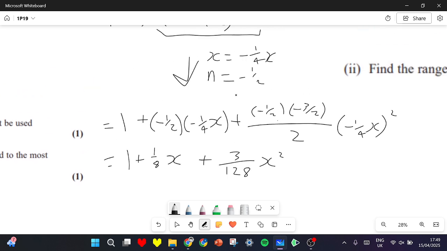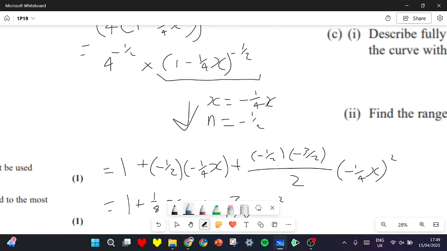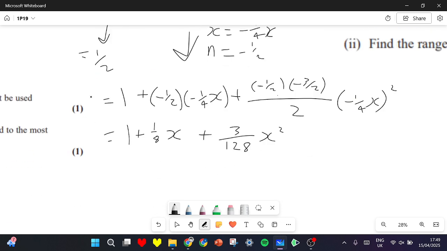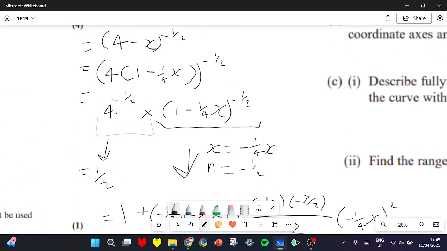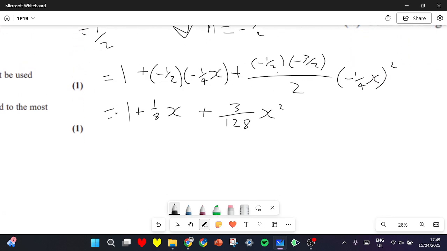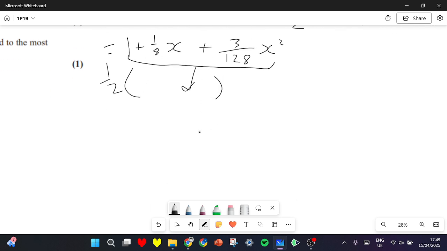Okay, so that's when you expand out this bit, but then you also have to remember that we have the whole thing times 4 to the power of minus a half, which is the same as just a half. Is that right? Yeah, I think so. Okay, so what you want to do is a half times this whole thing. I'm not going to write all that, but just pretend it's in brackets.